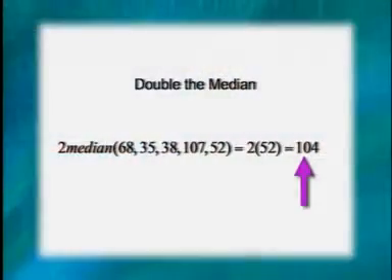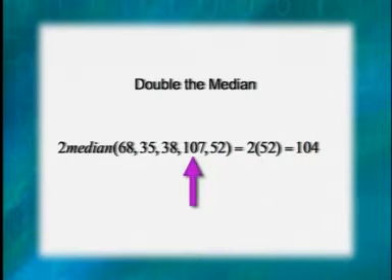Well, let's think about this. I mean, that is a ridiculous estimate. That's clearly wrong. Why is 104 clearly wrong? It has a basic flaw. The basic flaw is that it estimated a number, namely 104, that was lower than the highest serial number of a tank that we actually captured.